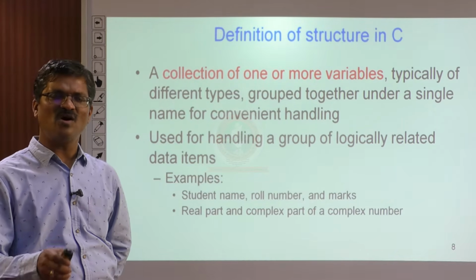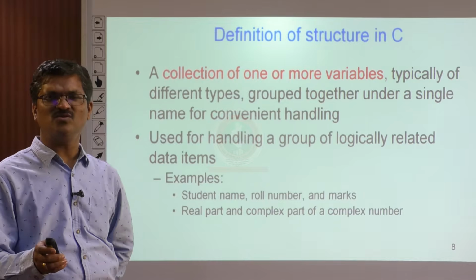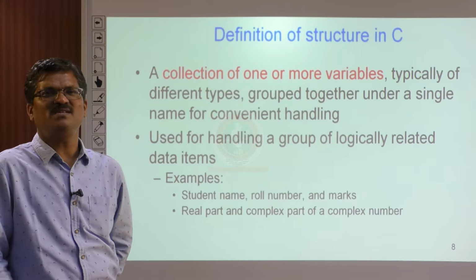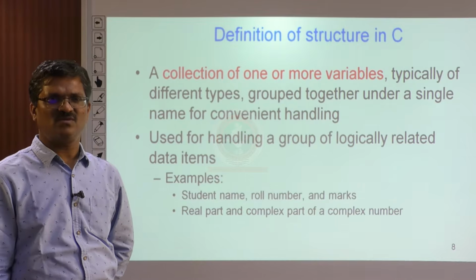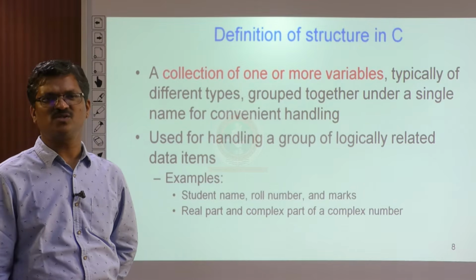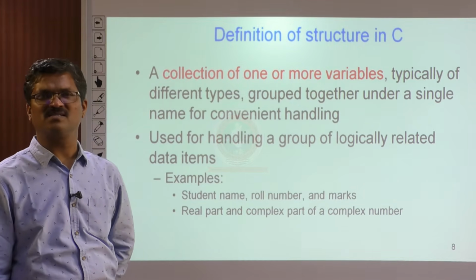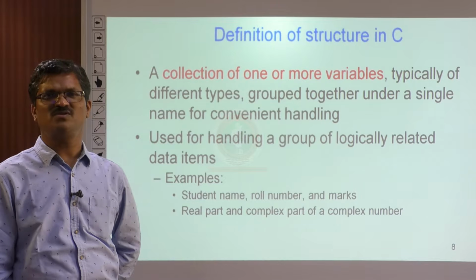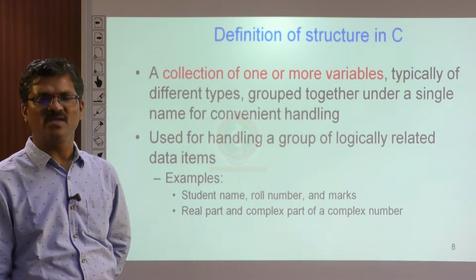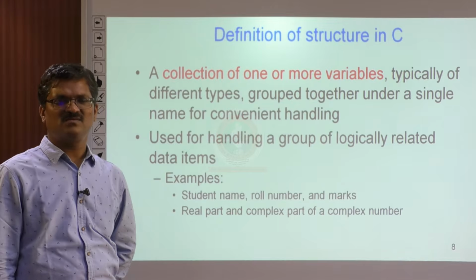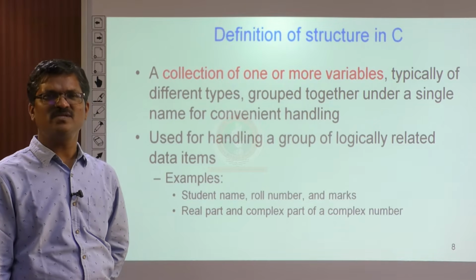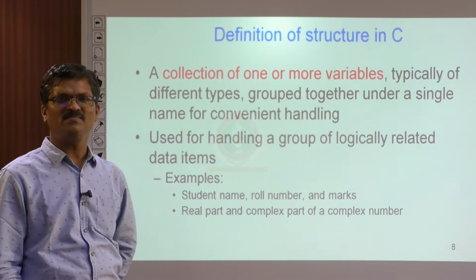All the attributes or values associated with a book represent logically related data items. Name of a student, roll number, marks, these are all the attributes related to a student. In the same way, complex numbers may consist of a real part as well as an imaginary part.